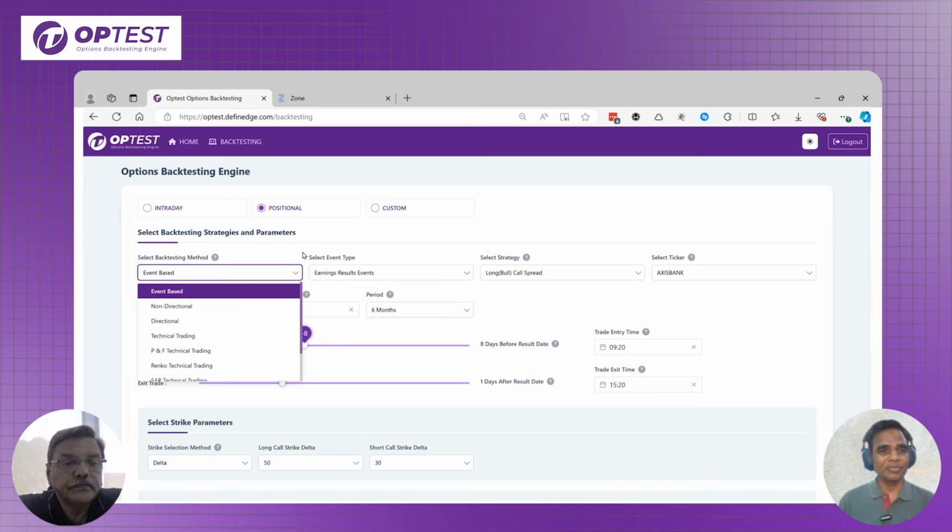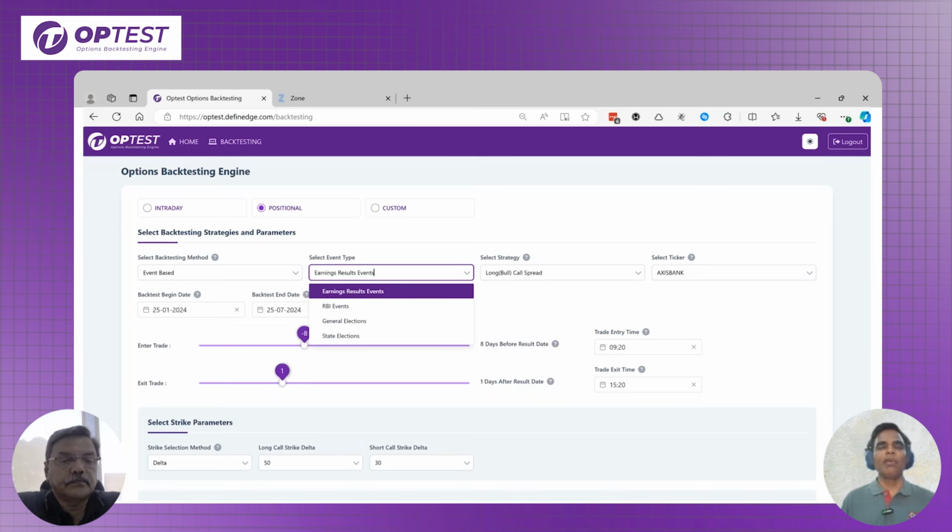Event-based means we have different events. We have earnings results events, like when a company announces its quarterly results. That is one. The other one is RBI events. We have bi-monthly monetary policy decisions.